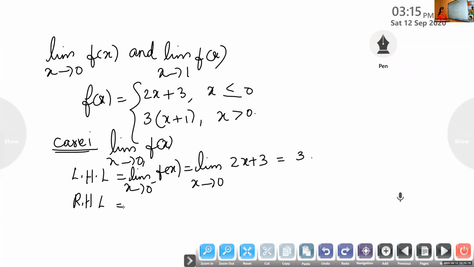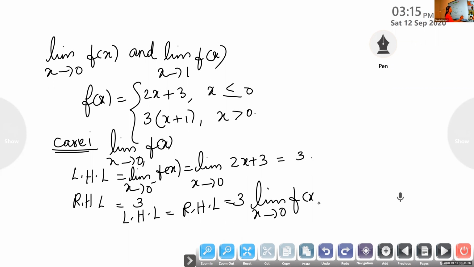What is the answer? What is the right hand limit? 3. It is 3, isn't it? So left hand limit is equal to right hand limit is equal to 3. Therefore we can say limit x tending to 0 of f of x is 3.